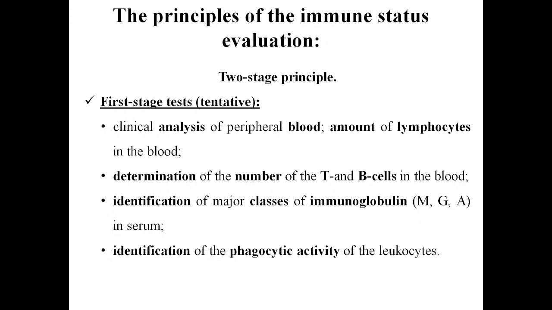If this test shows deficiency in one or several mechanisms, we should make second stage tests. But if first stage tests are negative, they show normal activity of immune mechanisms, we don't do second stage tests.